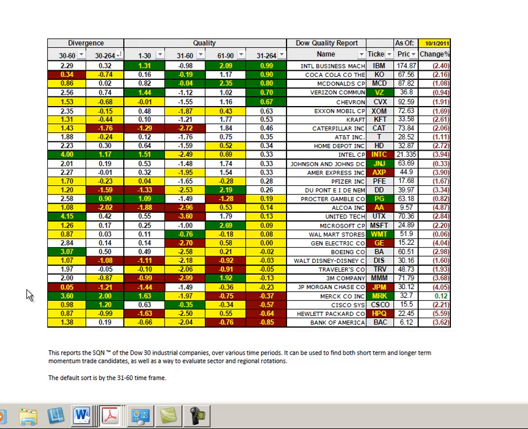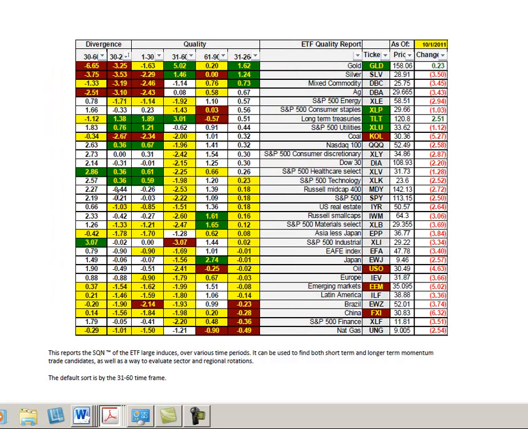In the quality report, what I look for is the divergences on 30-60-day quality. So candidates like Intel, United Technologies, and Merck stand out because of the degree of improvement between their 2-month ago quality score and the 1-month ago quality score. McDonald's still looks interesting to me. It's been one of the big leaders, as has IBM, and they're both above average.